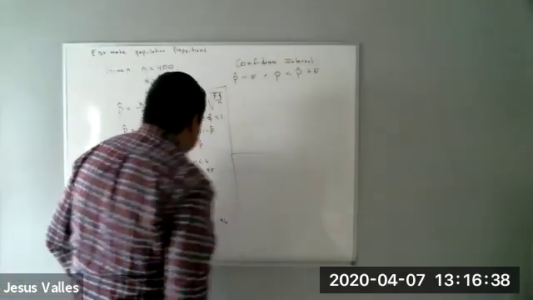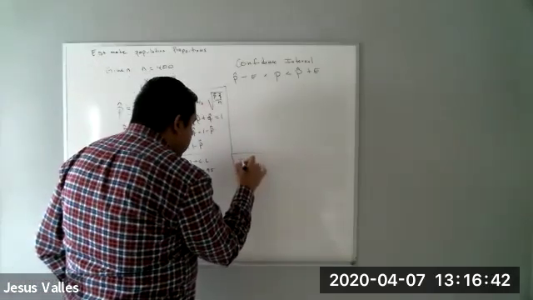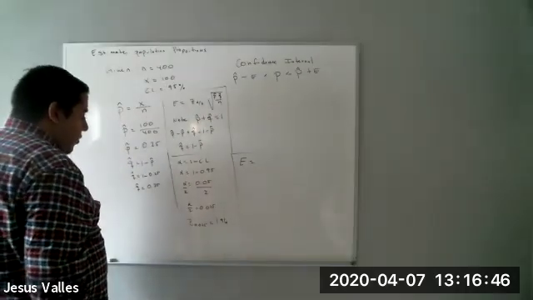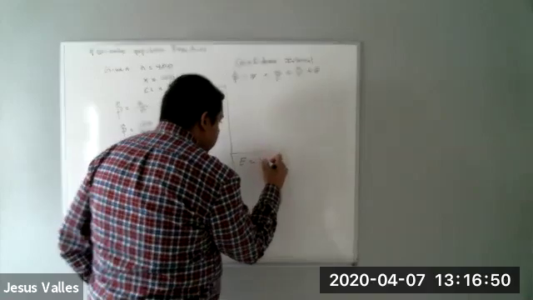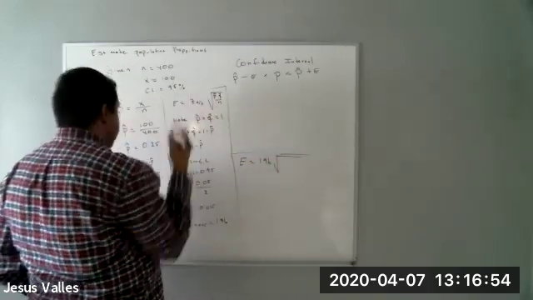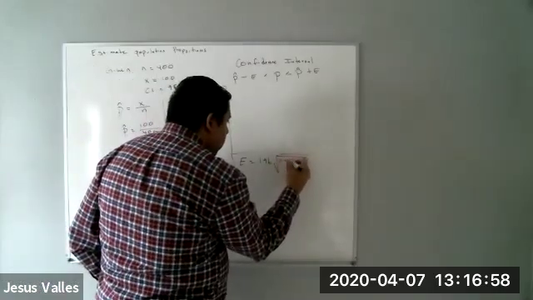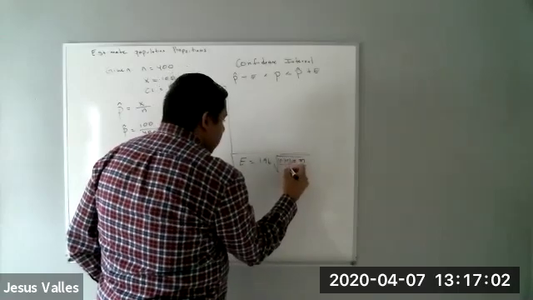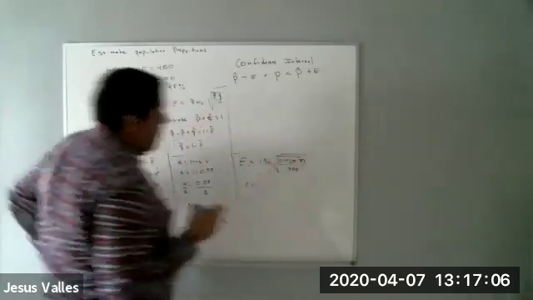So error equals z of alpha over 2, which is 1.96, times the square root of 0.25 times 0.75 divided by n, which is 400.